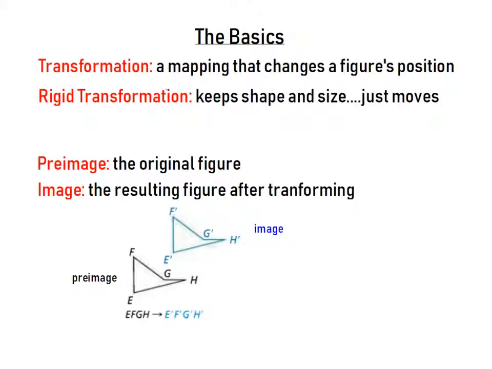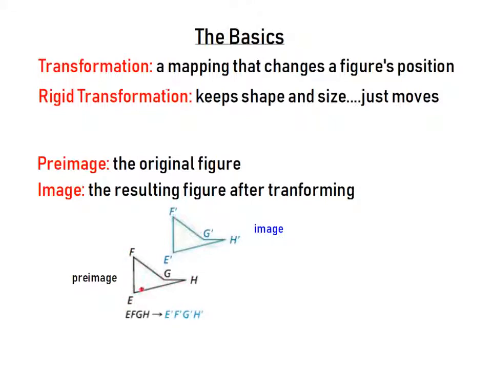One of the other things about just the basics that we need to know going in: when we have some sort of a figure, a triangle, let's say, that's called the pre-image. And then after you move it, that's the image, the resulting figure. Usually our labeling on this, in the book and my notes and even Math Excel, is all pretty consistent. The pre-image, the original image, is going to be in black, and it's lettered E, F, G, H in this case.